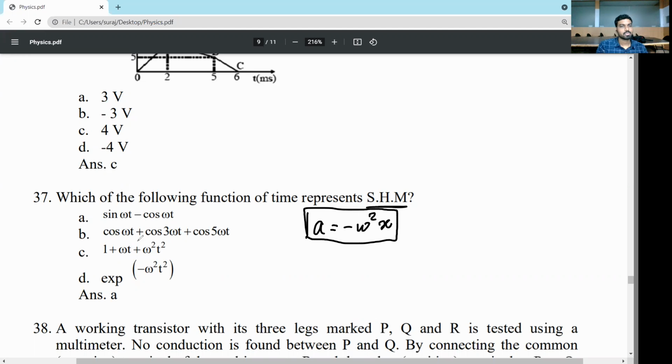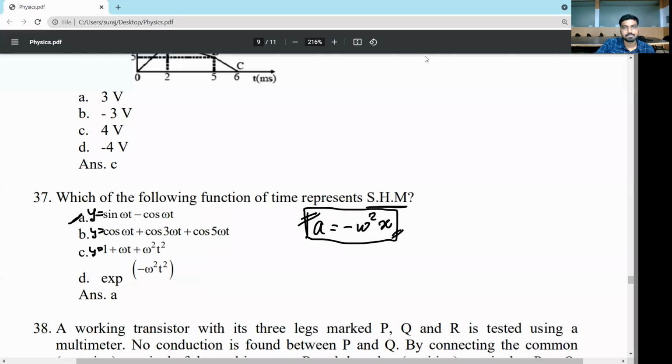You should take all this as y. Do dy by dt, then you'll get v, then dv by dt gives a. Whichever function qualifies this statement is the SHM. A will be the correct answer.